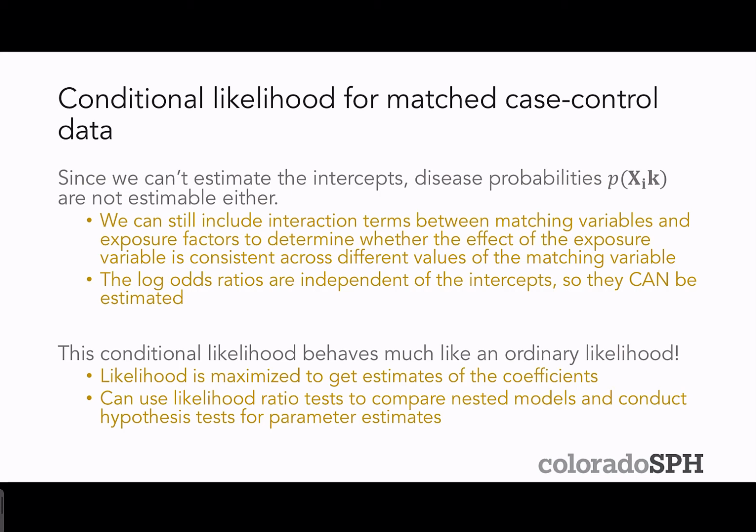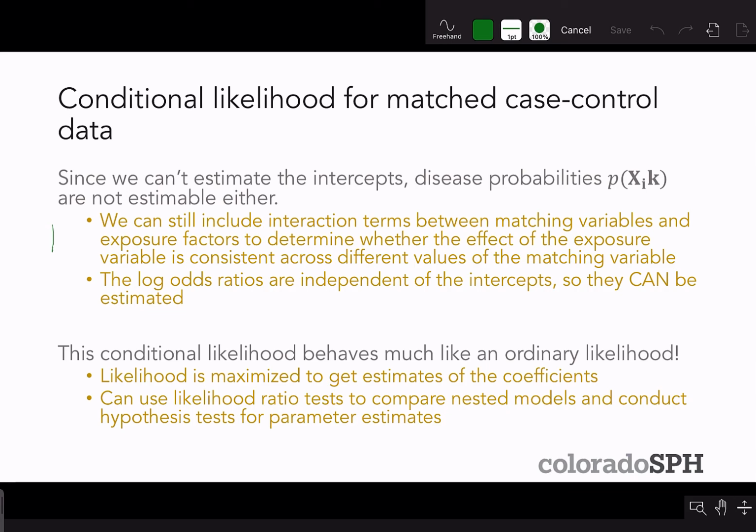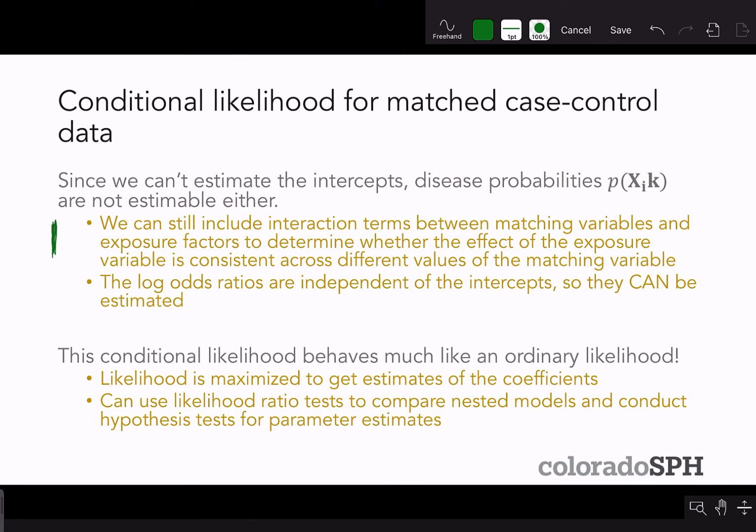However, we can still include interaction terms between matching variables and exposure factors to determine whether the effect of the exposure variable is consistent across different values of the matching variable. And we would do this and interpret it the same way that we did when we used interaction terms in previous lectures. And also the log odds ratios are independent of the intercepts, so they can be estimated.